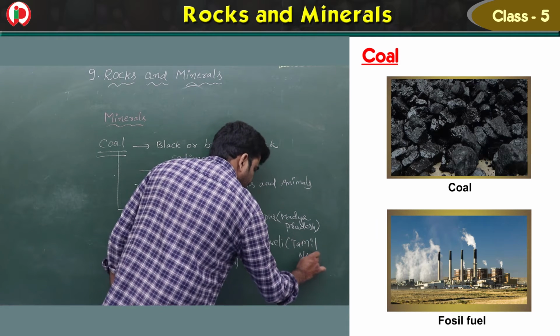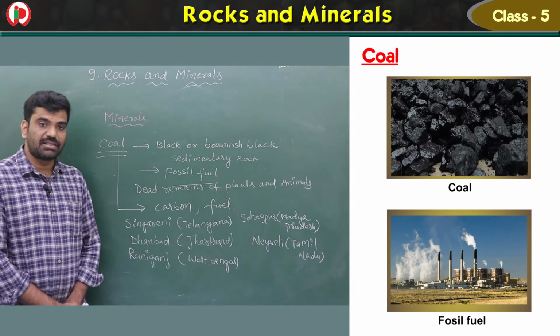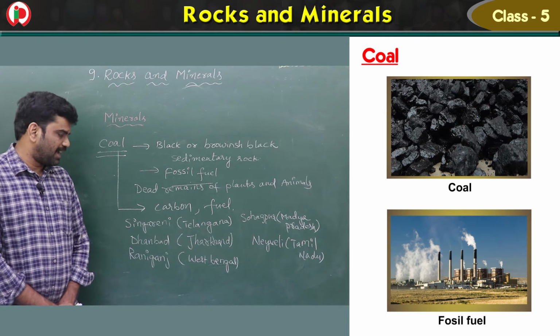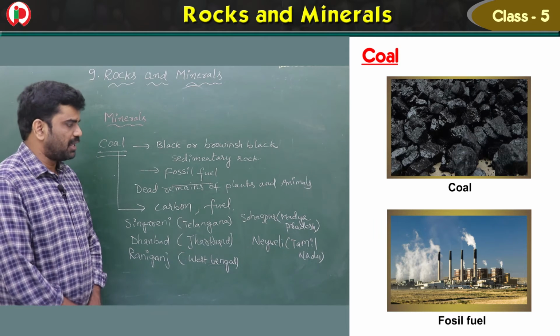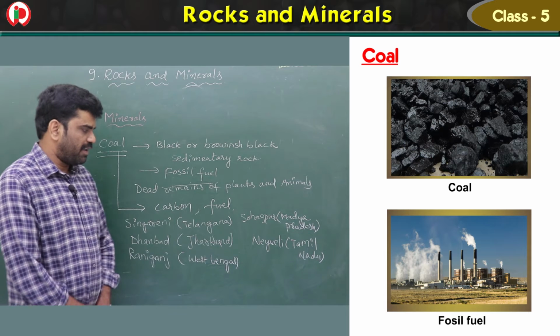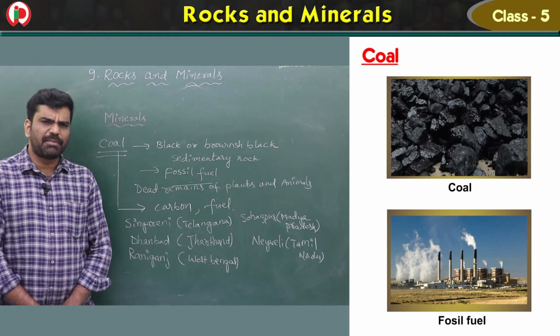So these are the places where you can find coal extraction, that is the collieries. In Telangana, Singareni. In Jharkhand, Dhanbad. In West Bengal, Raniganj. In Madhya Pradesh, Sohagpur. And Neyveli, that is in which state? Tamil Nadu.